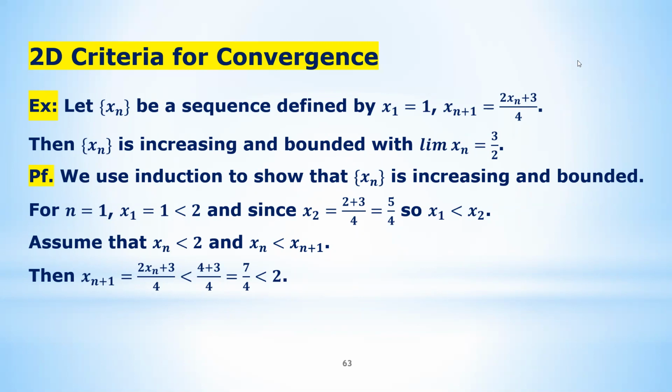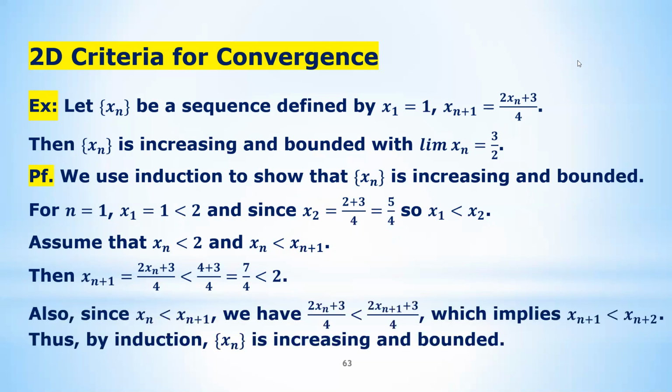So that's good. But then I want to apply it to the increasing side. So I want to look at whether it is still true that this term is increasing. Now this can be handled this way. Since xn is less than xn plus 1, therefore if you multiply by 2, the relation still holds, and plus 3 divided by 4, the relation still holds.